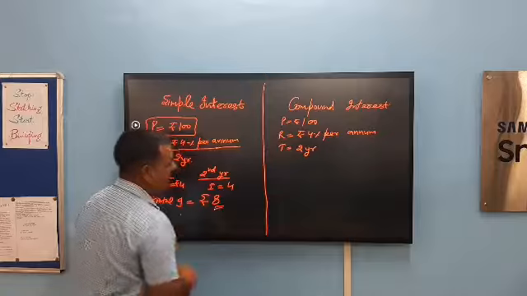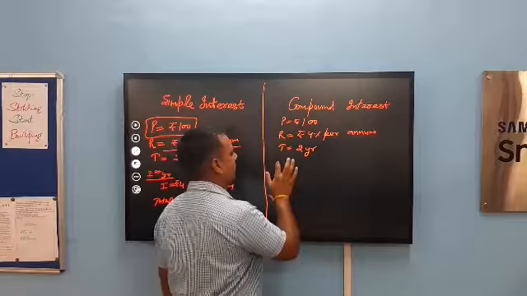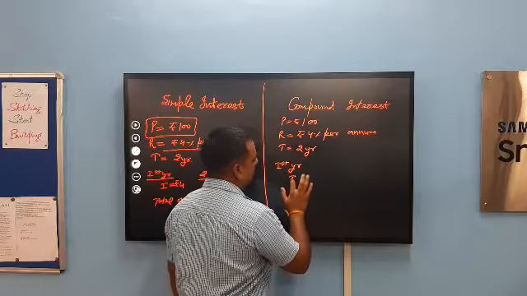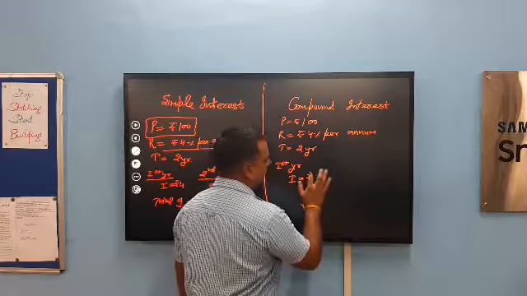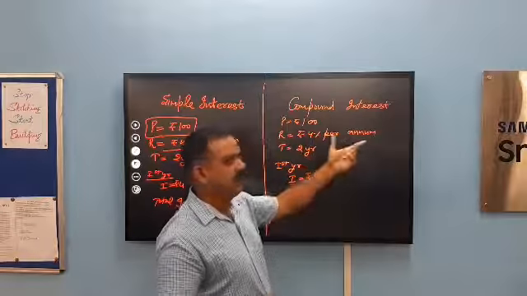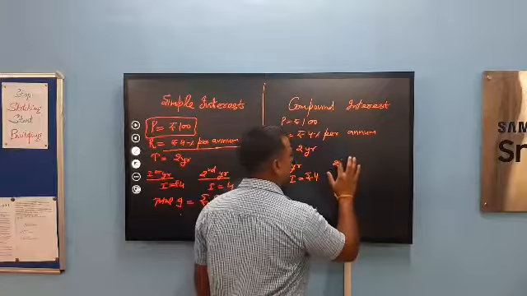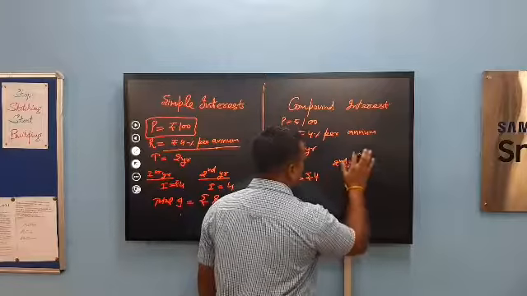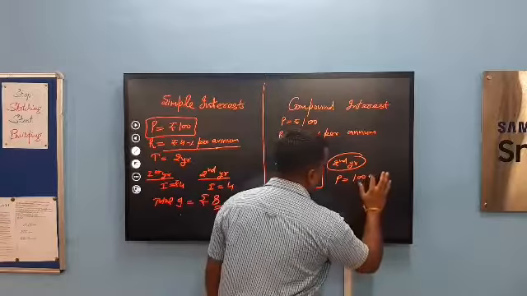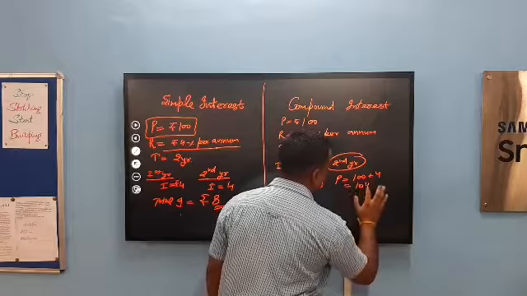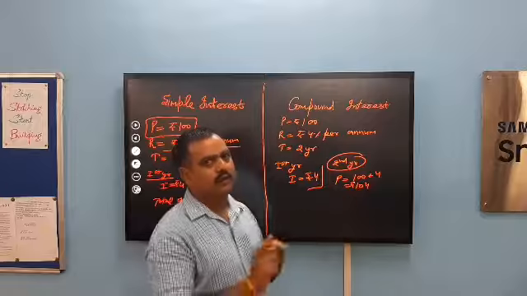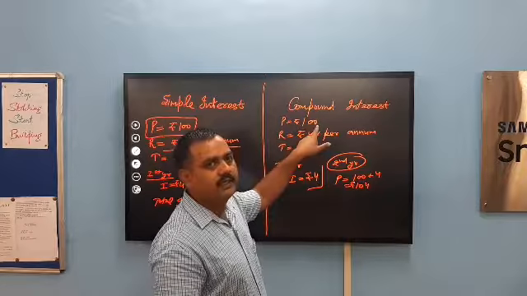rupees 8. But in case of compound interest, at the end of the first year we take interest as rupees 4, because the rate is again 4% per annum. So at the end of the second year, the principal becomes 100 plus 4, that is 104. So we have to pay interest on 104 rupees rather than rupees 100.